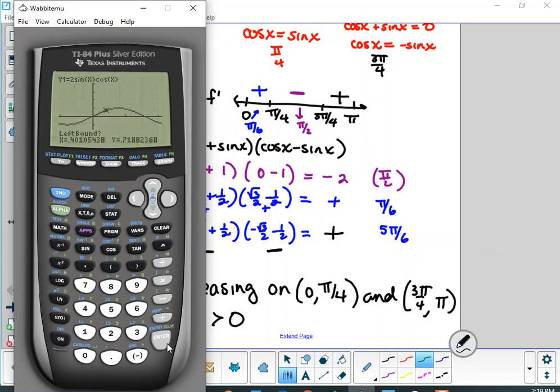I think I did. That didn't give me the right answer because I asked for the smallest number in the interval, not the largest. Okay, so there's the interval, there's the peak. The peak is at 0.785.